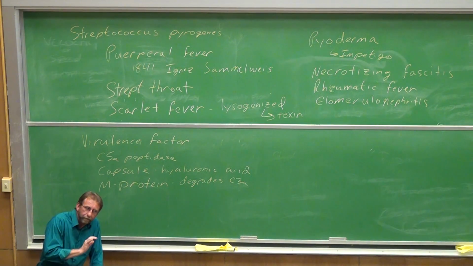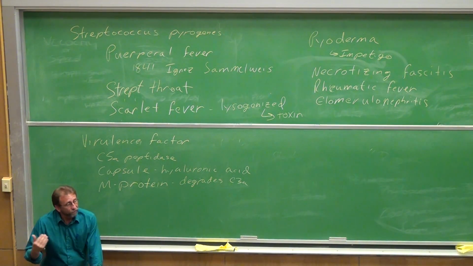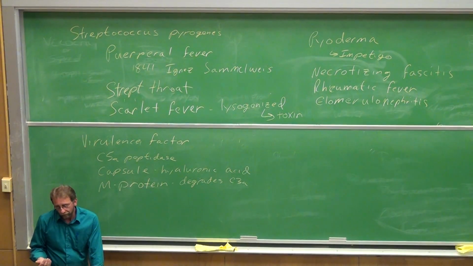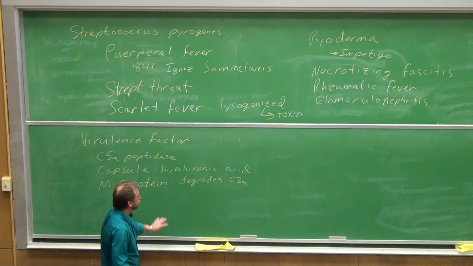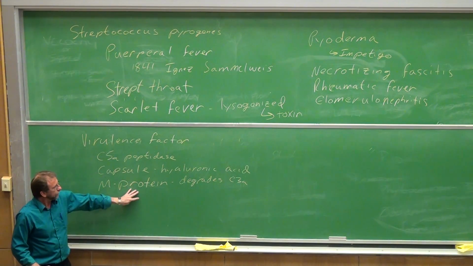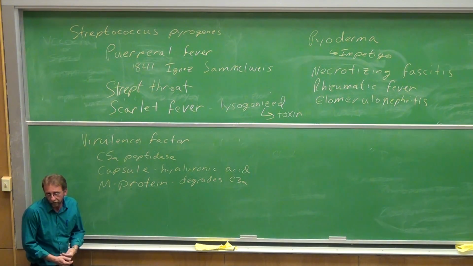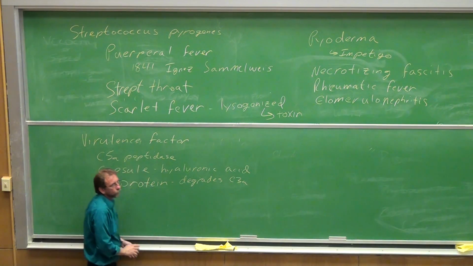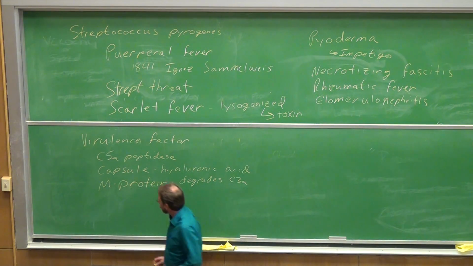If they can multiply before your immune system has a chance to respond, then they have a chance to establish infection. If your immune response is such that these guys don't get a chance to replicate, then you're not going to see an infection established. So you can see that your microbes are working to avoid that immune system.